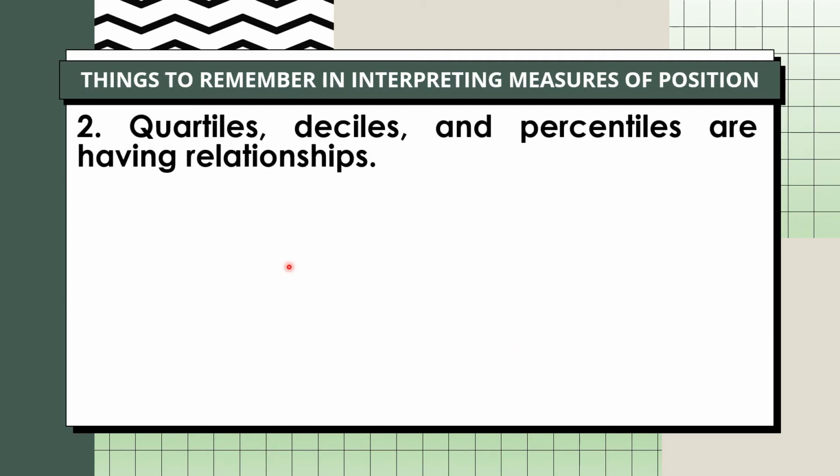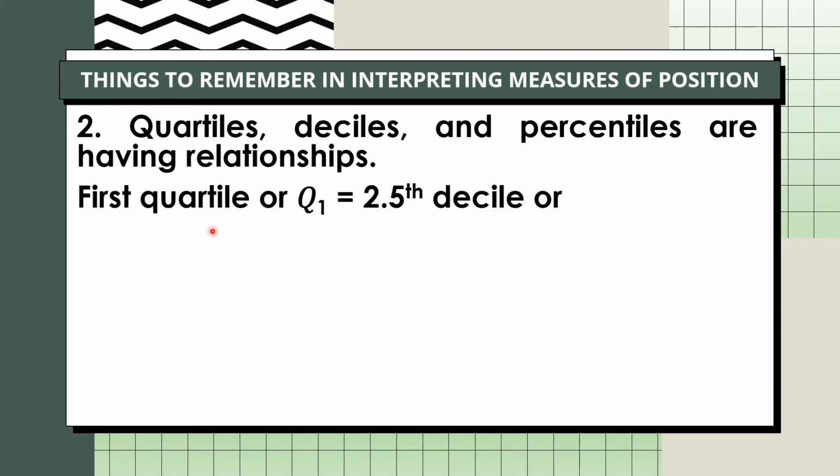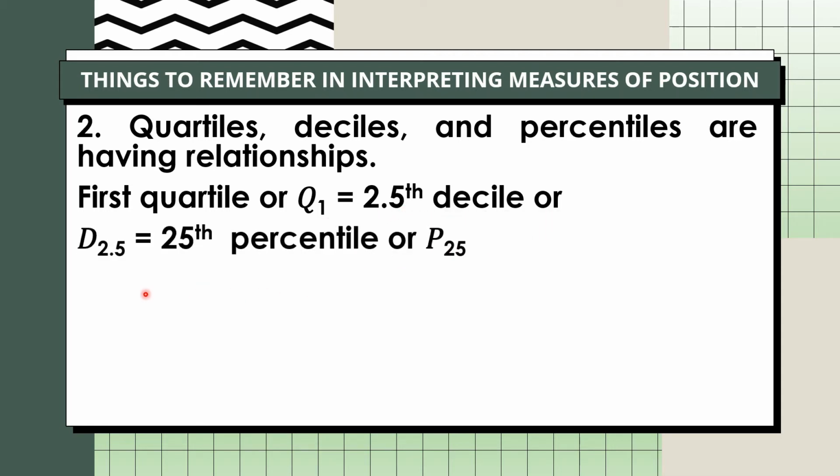Second thing to remember. Quartiles, deciles, and percentiles have relationships. So, yung first quartile natin or Q sub 1, that is the same with 2.5 decile. Or, yung 2.5 decile natin, that is the same with 25th percentile or P sub 25. Tapos, yung 25th percentile is the same also with quartile 1.